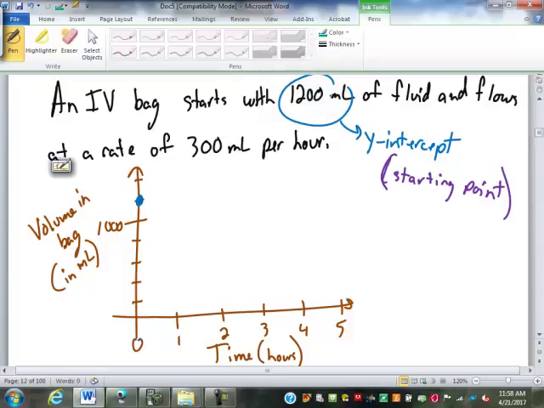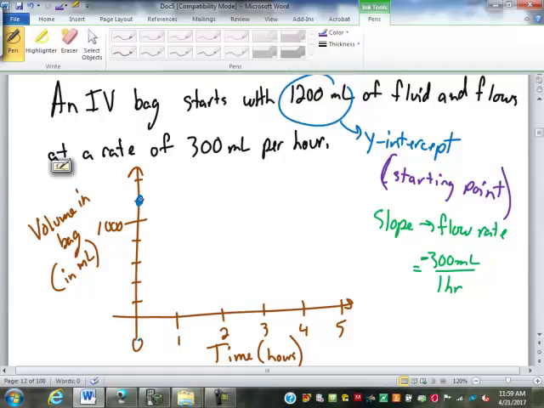The slope from there becomes the flow rate. So the slope is going to be 300 milliliters per hour. Only the volume of that bag is not increasing, it's decreasing. So it's going down by 300 milliliters. It's flowing out of the bag. So it's decreasing by 300 milliliters each hour.